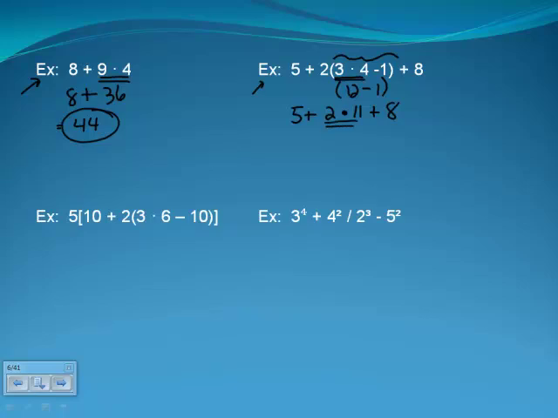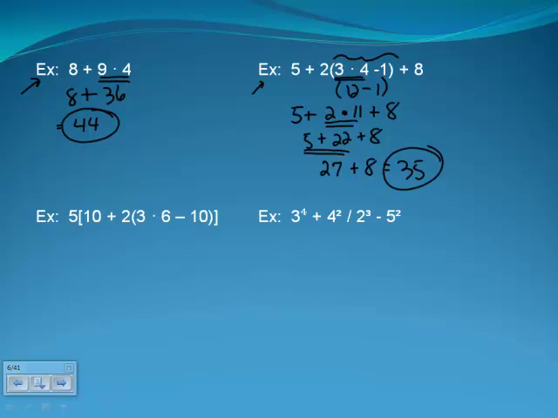So now we've got 2 times 11 is 22. So 5 plus 22 plus 8. Now we have two addition operations working left to right. We'll do the left one first. 5 plus 22 is 27. And then bring down the plus 8, which we haven't done yet. That's the last thing left. 27 plus 8 is 35.